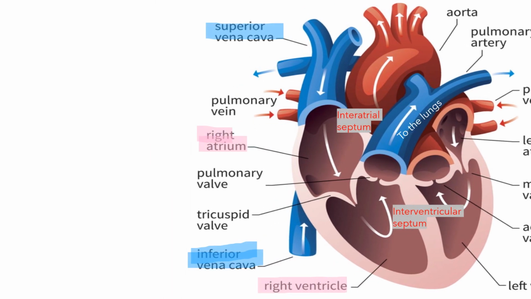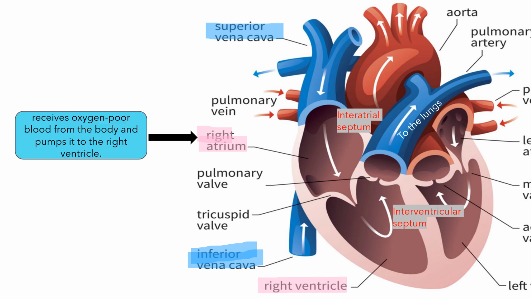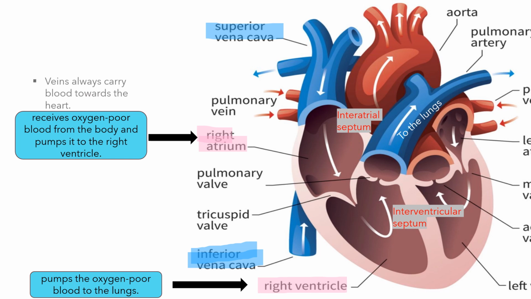Right now we are going to talk about the right side of the heart. As we can see here, we have two main chambers, the right atrium and the right ventricle. All blood enters the right side of the heart through two veins, the superior vena cava and the inferior vena cava.